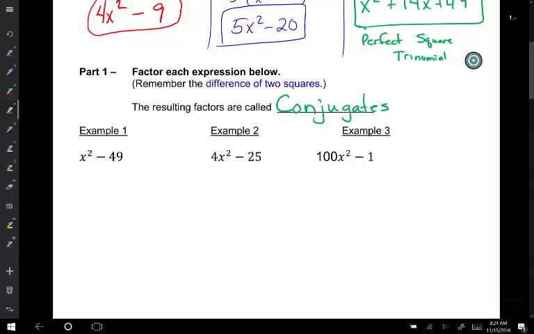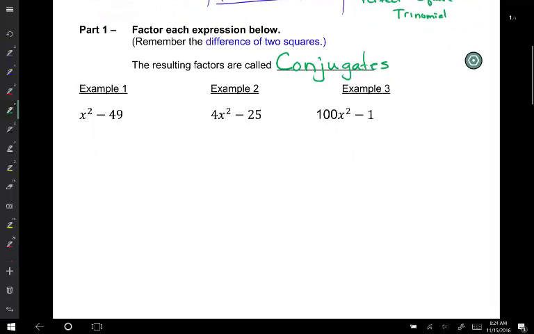Conjugates. Okay. A conjugate is very simply two binomials that are exactly the same except one's a plus and one's a minus. So at the top there, that 2x plus 3 and the 2x minus 3, those are conjugates. And the beautiful thing about conjugates, Stephen, if you remember, is the middle terms drop out when you multiply them. So here we have a difference of two squares problem, x squared minus 49.